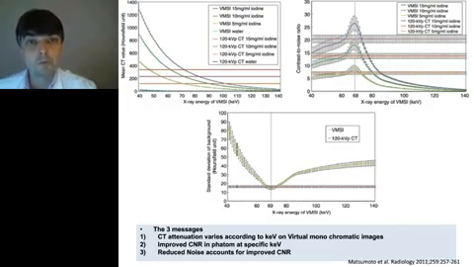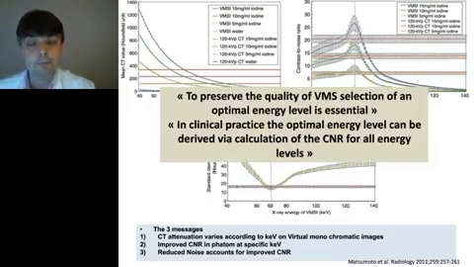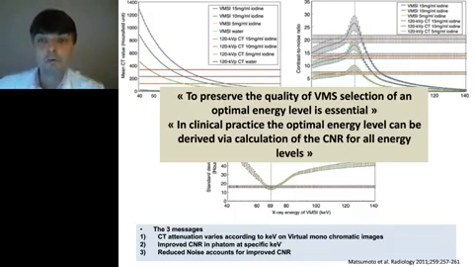So you have to keep in mind, and that's a very important question that you have to answer before you start using spectral imaging, that in clinical practice, you should determine the optimal energy level where you can improve the contrast to noise ratio of the actual tumor that you are going to image, which is not always that 68 keV level, which depends here on the experimental setup.